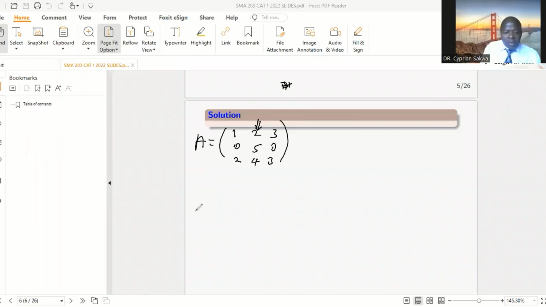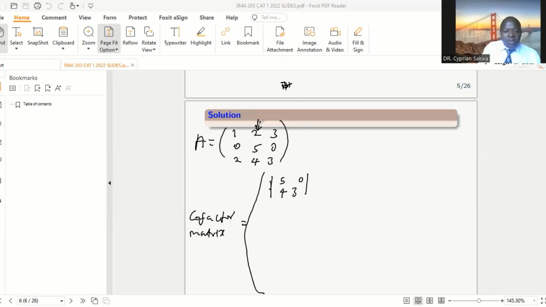So the cofactor matrix would be, what is the minor of 1? The minor of 1, delete the row and the column of 1, and you have 5, 0, and you have 4, 3. And of course, the sign is positive, so I've just left it.